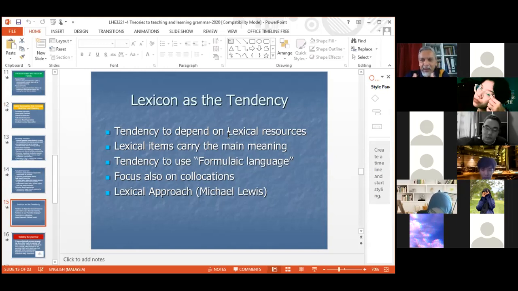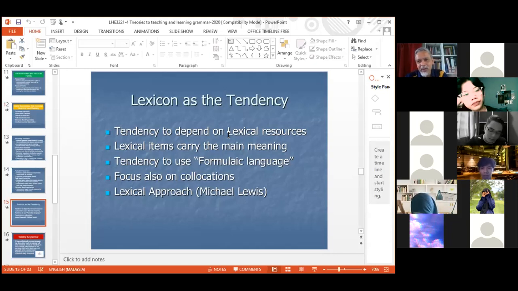Like for example, the phrase "they lived happily ever after." This is a formulaic language. It's kind of like you can use a whole sentence just to express some kind of meaning that you want to say.